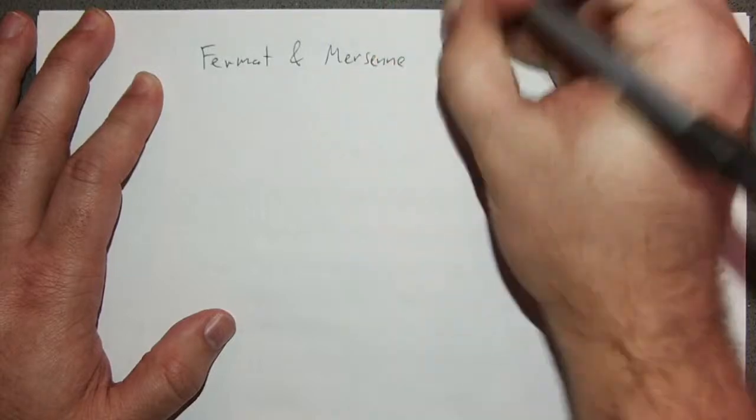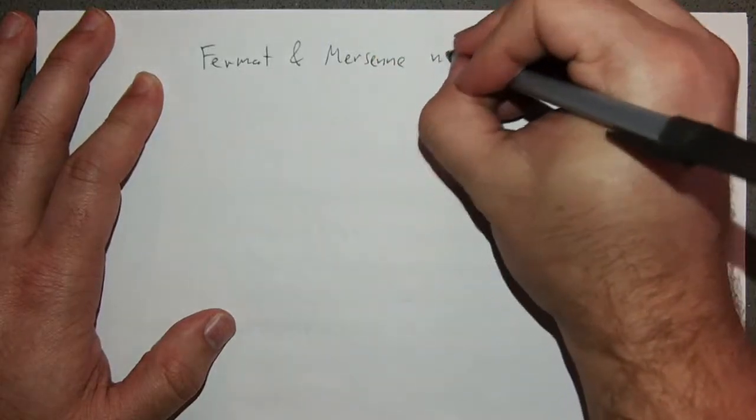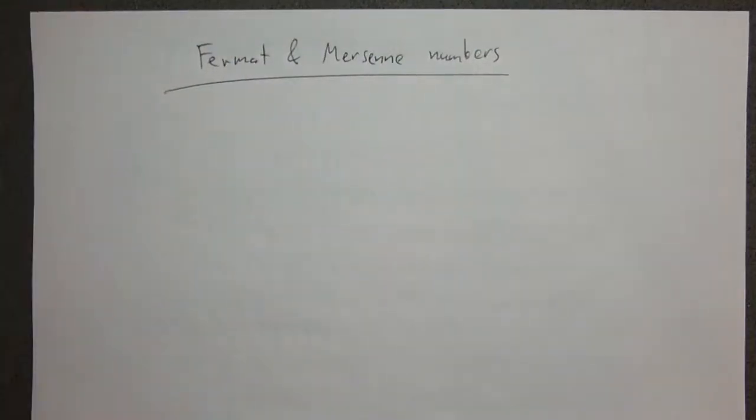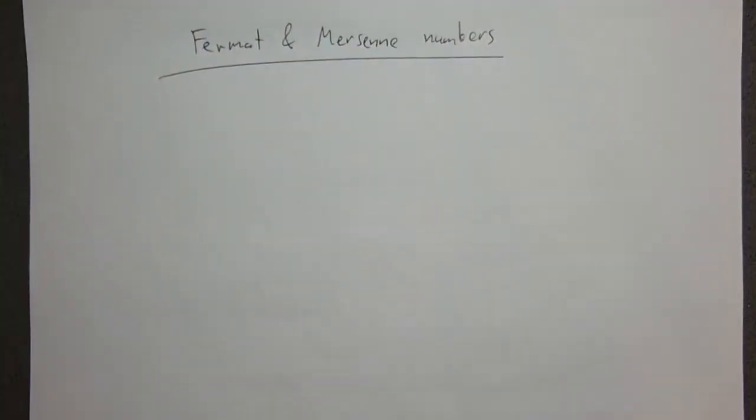I guess I should call them Fermat and Mersenne numbers first, although we are interested in these numbers specifically when they are prime. Okay, so what's the idea here?